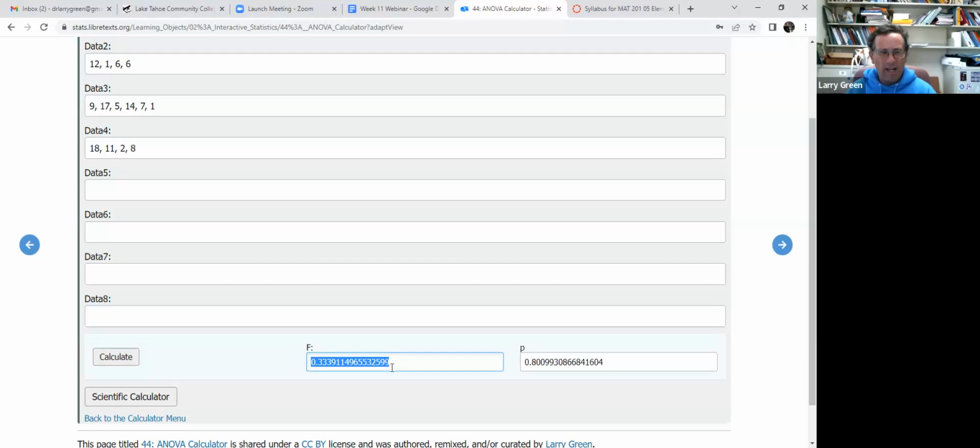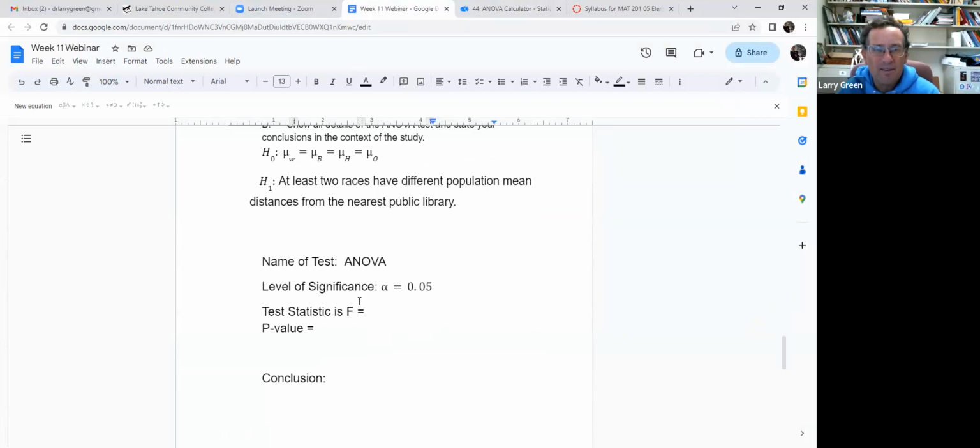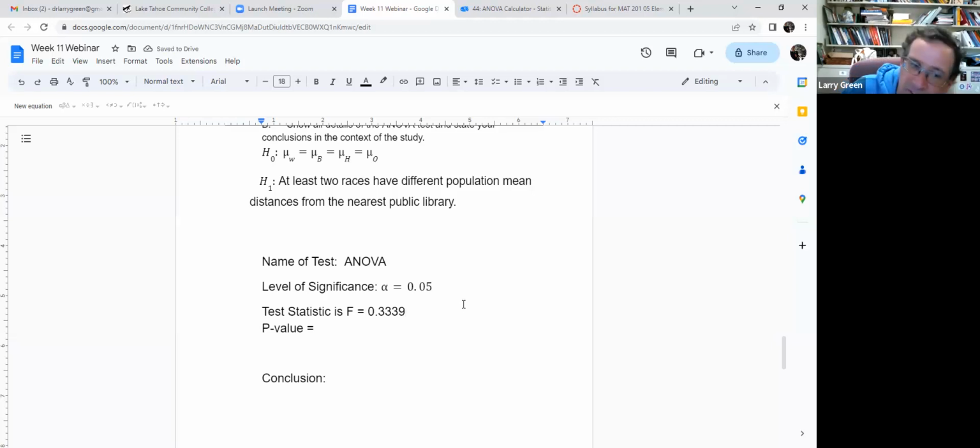Okay, so if you wanted 4 decimal places, then that would be 0.3339. So the test statistic is F is equal to 0.3339. Any questions on that so far?